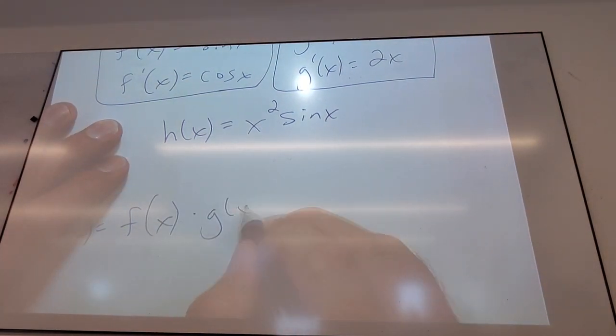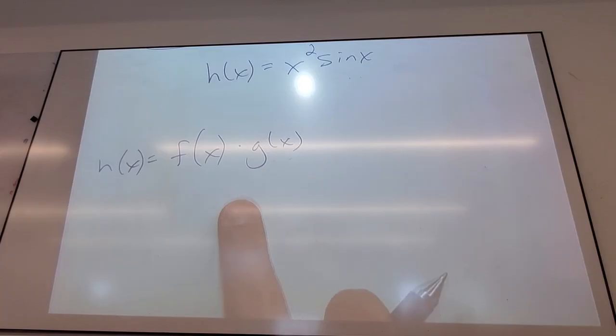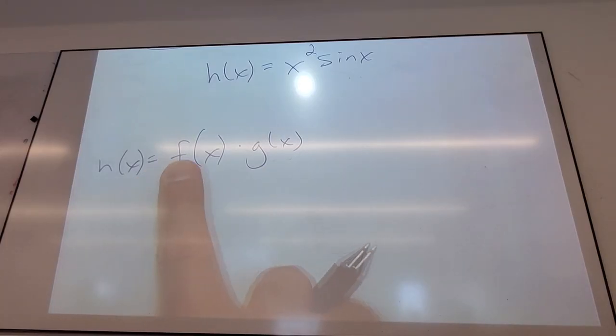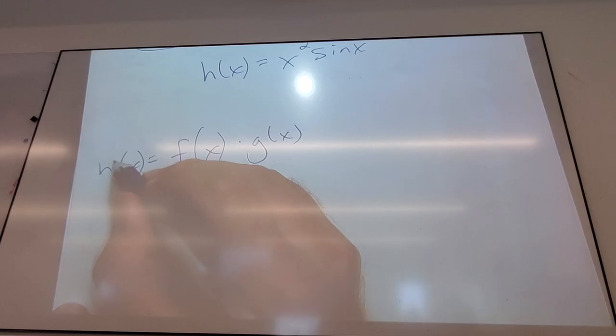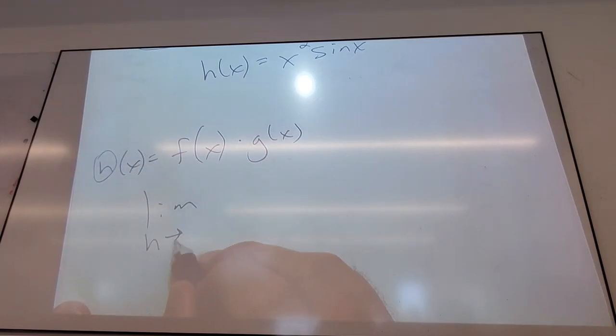So I want to do the derivative of a function that is a product of two functions. So if I want to investigate that, I have to go, H was a bad choice, but you guys will be okay. This is a different H, yes.